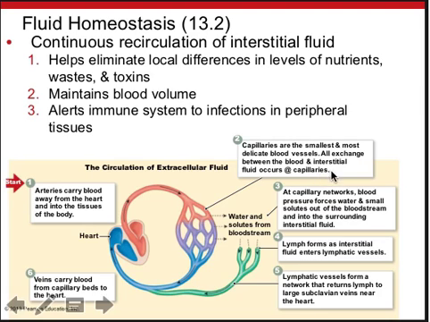All exchange between the blood and the interstitial fluid occurs here at the capillary beds. At capillary networks, blood pressure forces water and small solutes out of the blood and into the surrounding interstitial fluid. And what happens next is that about 15% of that enters the lymphatic vessels, with the remaining 85% going back into the capillary bed at the venous end, and then we re-enter the circulation.